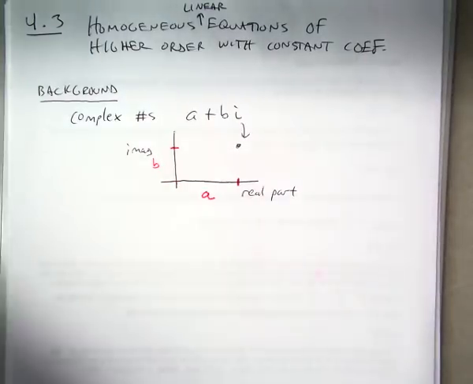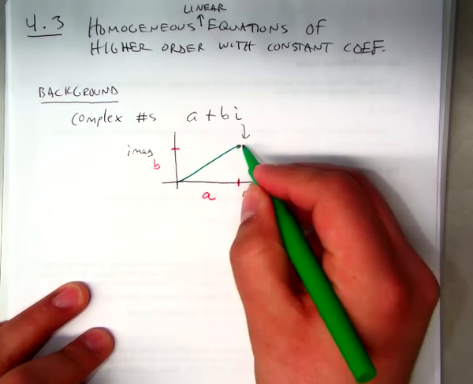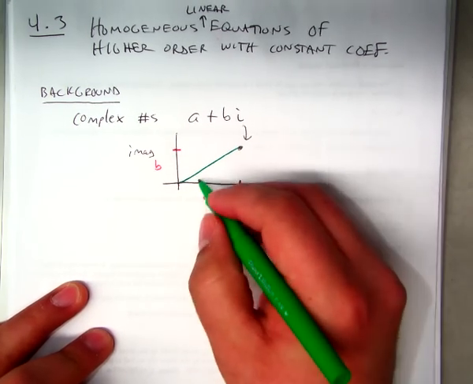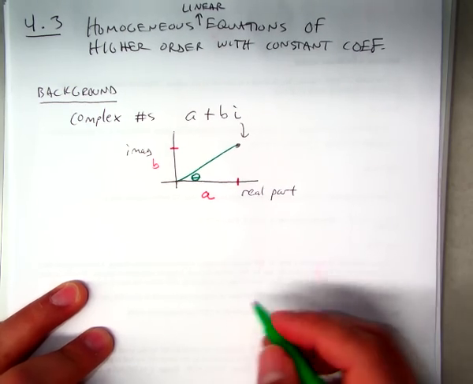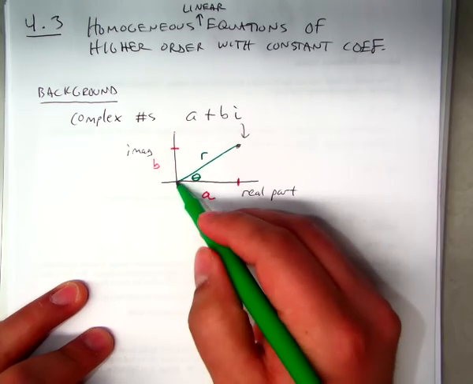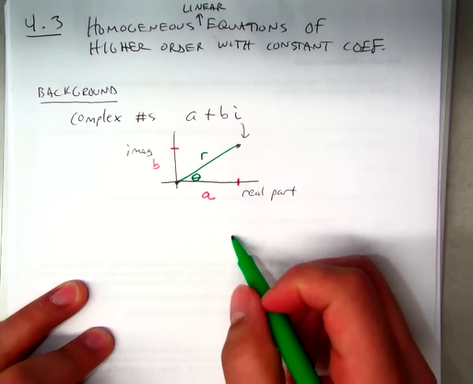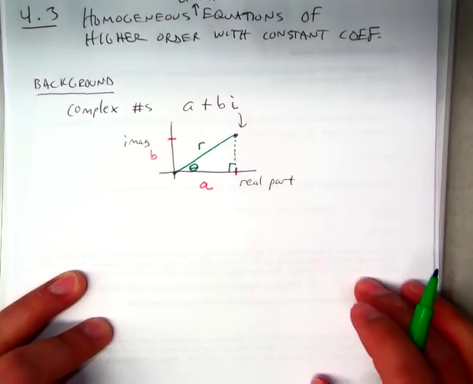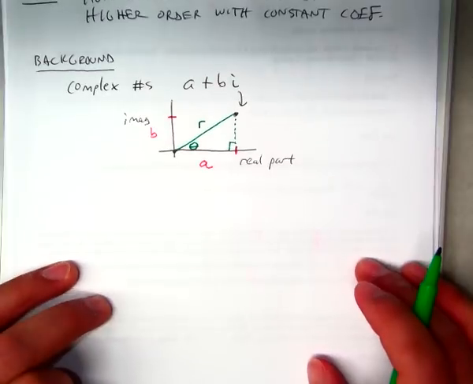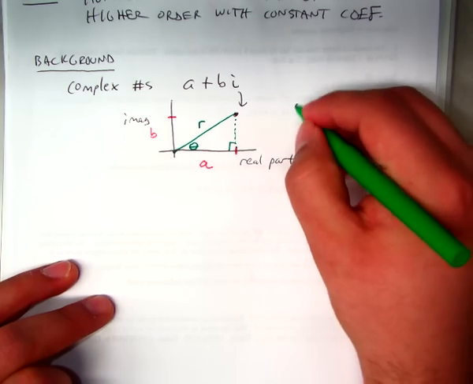If we think like we did in polar, draw a little angle here, theta, with respect to the positive x-axis. Call this distance from the origin to our complex point r. Then we get a few relationships that we're going to make use of. Obviously, r squared is going to be a squared plus b squared.